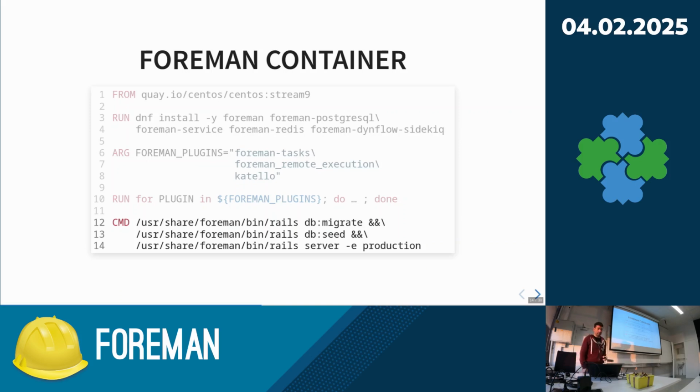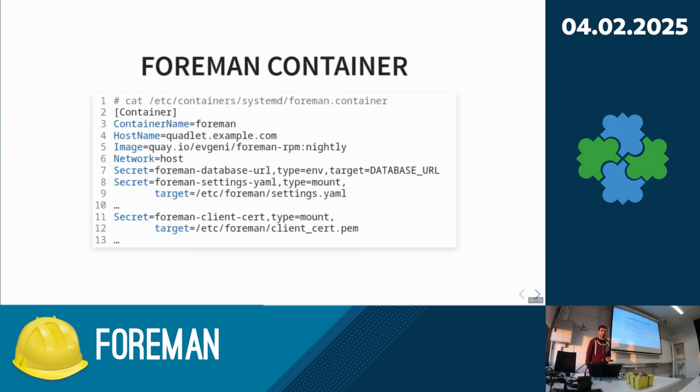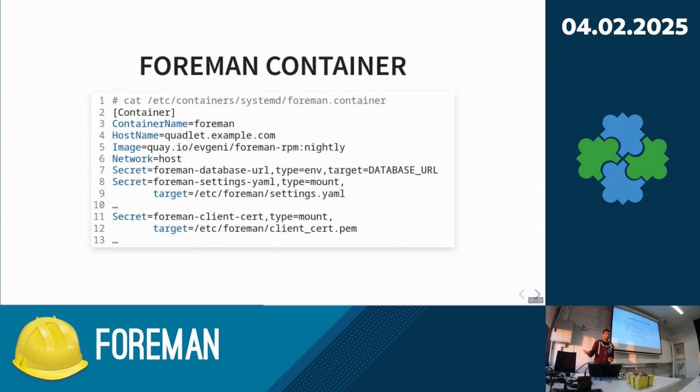And again, after building this container into an environment, we can define the running container for Podman, and it looks roughly the same, right? It has an image. It also uses network host because we are keeping things as simple as possible for now.